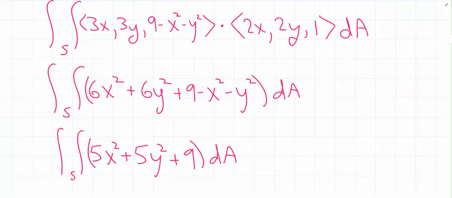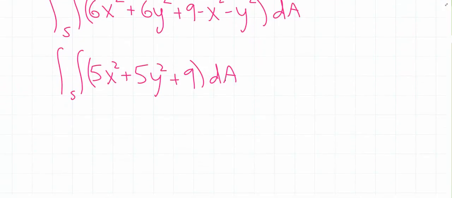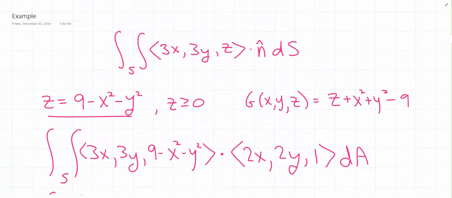Now, at this point, it seems obvious to me that the easiest course of action is going to be to view this in polar coordinates, because when you think about this surface, where it intersects the xy plane, it intersects in a circle of radius 3.